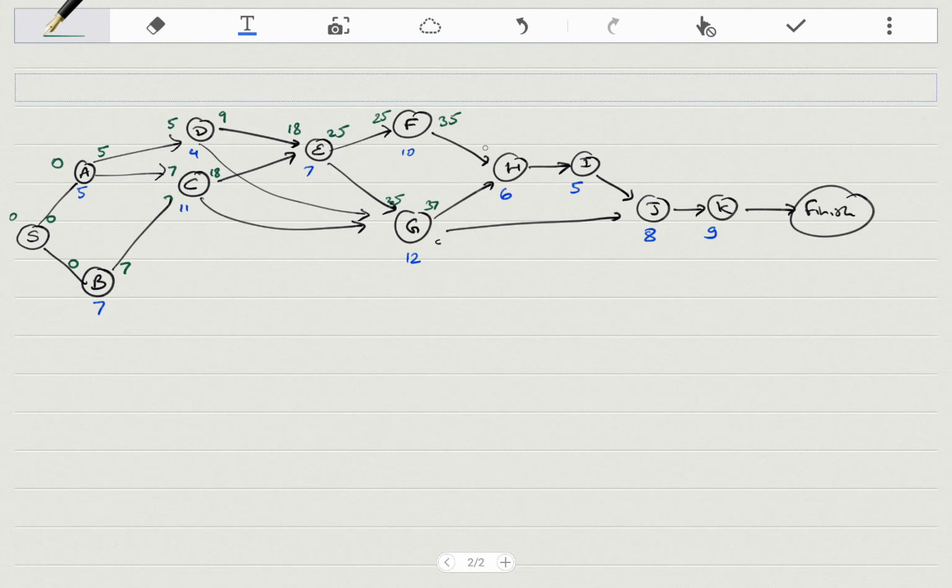You're going to start this at 37, 37 plus 6 is 43. You start here at 43, 43 plus 5 is 48. You can start this at 48, 48 plus 8 is 56. You can start this at 56, 56 plus 9 is 65.